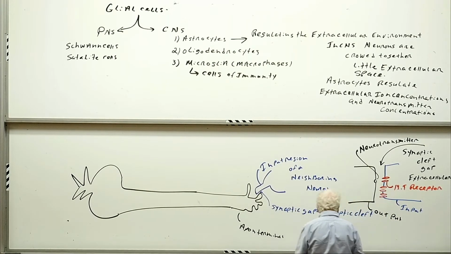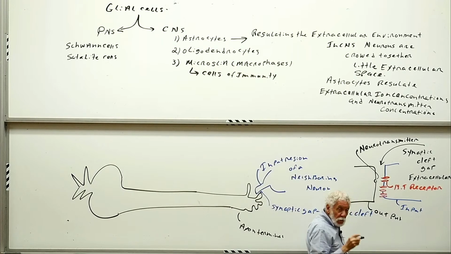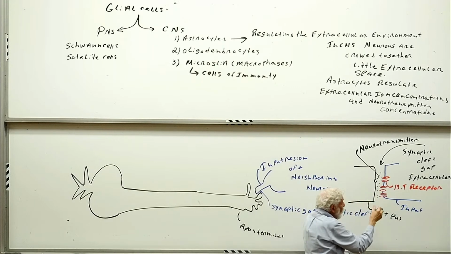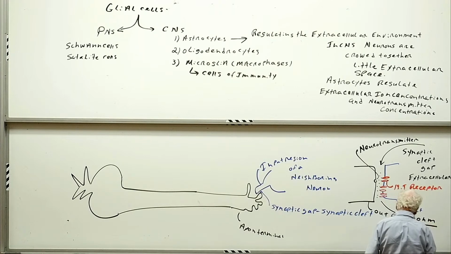And so now there's the potential that this neurotransmitter can bind to the receptor, but there's also potential it can come back off again. So there's potential in this exquisitely narrow volume, only about 20 nanometers, maybe 30 nanometers, probably closer to 30.